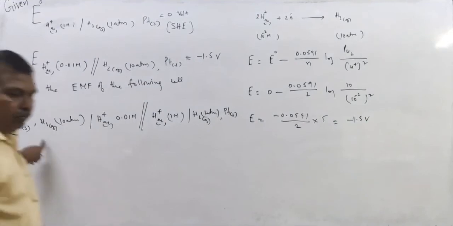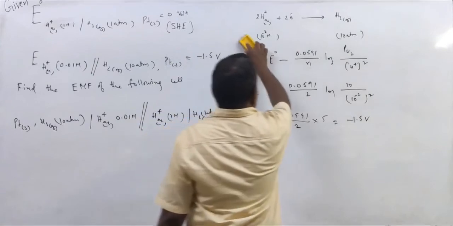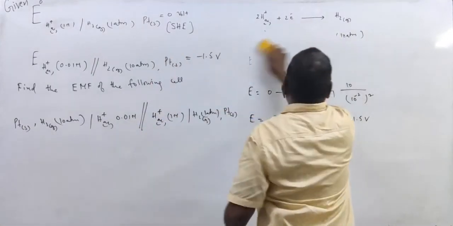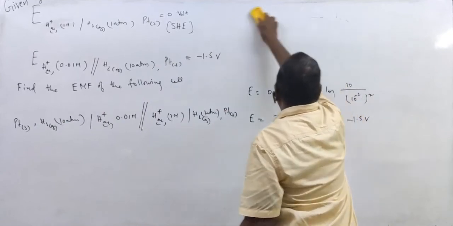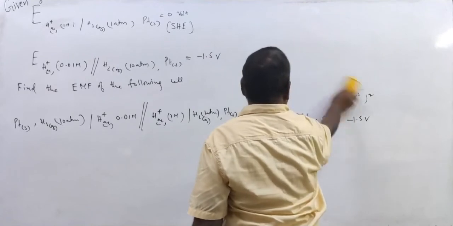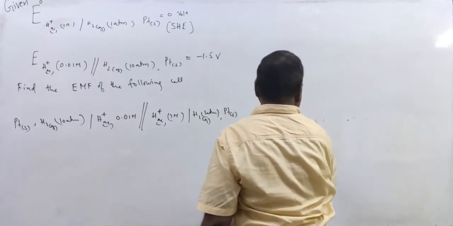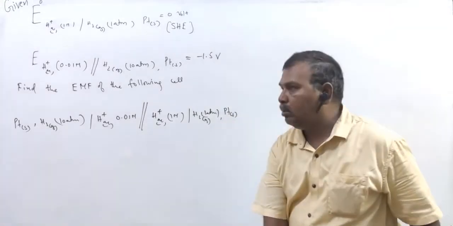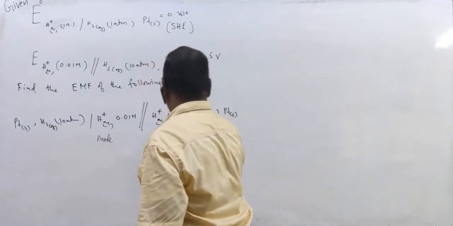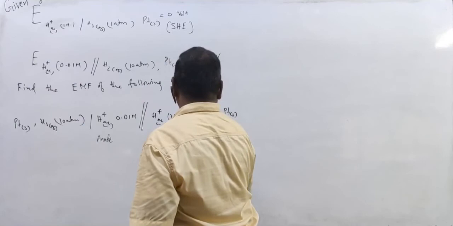Now, this is a constructed cell. Already we calculated this electrode potential value in the previous problem. Now, there is no need to apply the Nernst equation, right? So, this is the anode half cell. This is the cathode half cell.